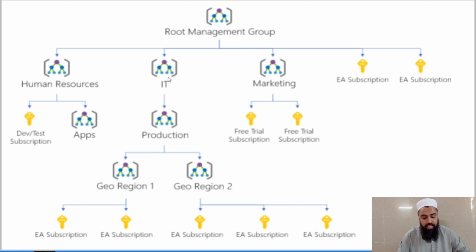These are sub management groups under the root management group. Each management group is attached with a subscription, and in the subscription, we have resource groups and then resources. So that's how management groups work.